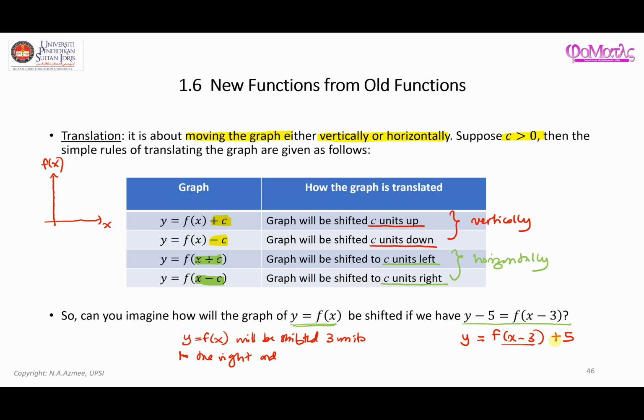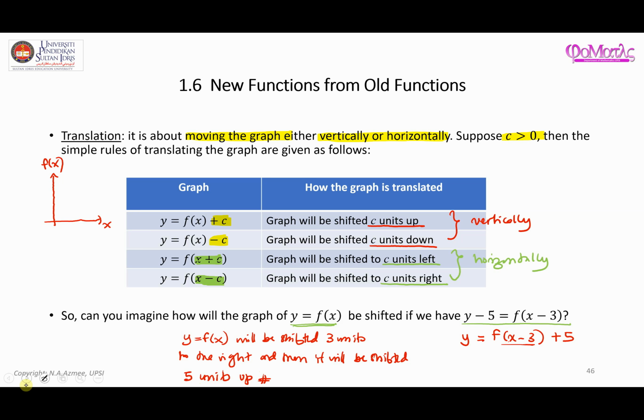And then we have plus 5 here. This one is a change with respect to y, so it will be shifted 5 units up.